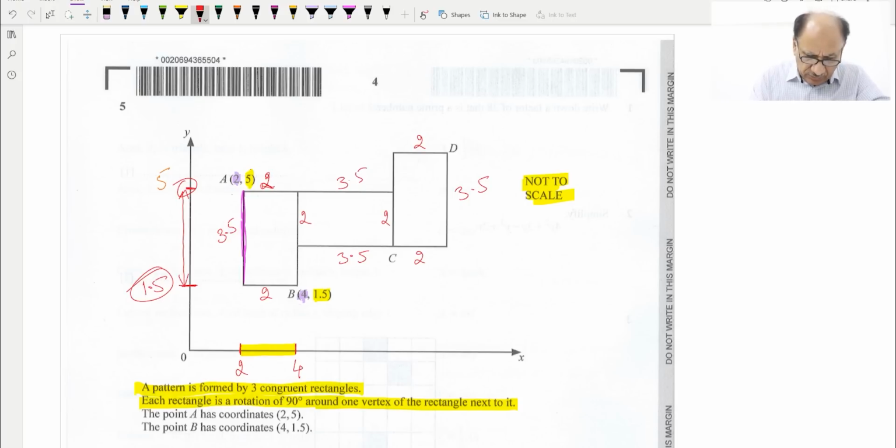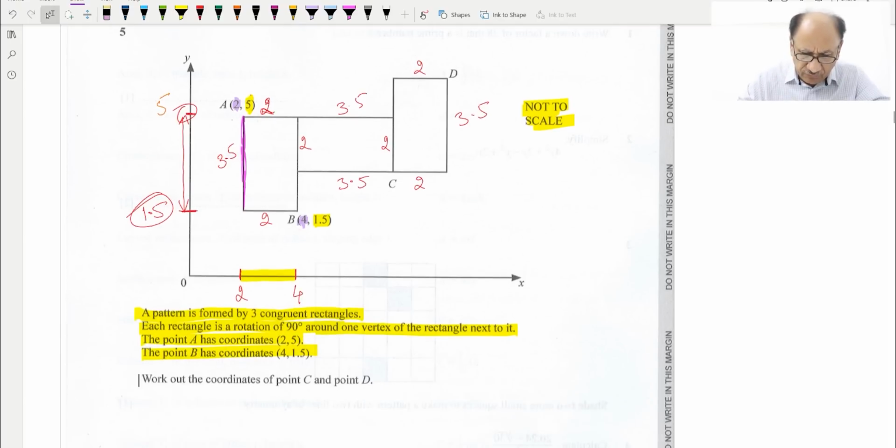Now if we continue with the question, point A has coordinates they have given, and point B has coordinates, this one, which we have already done.